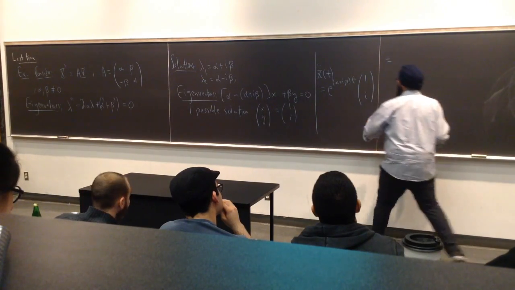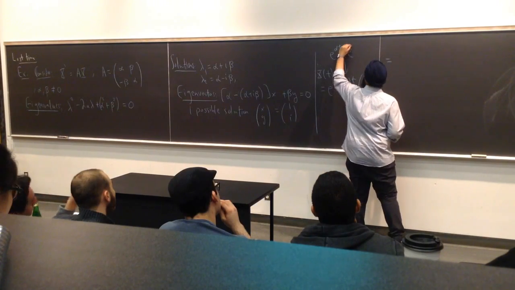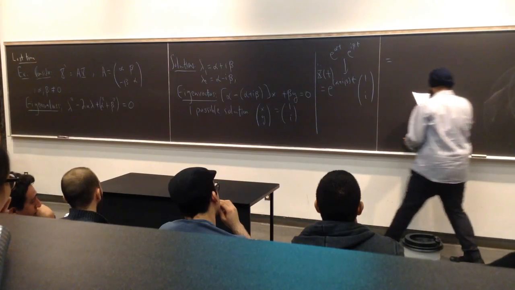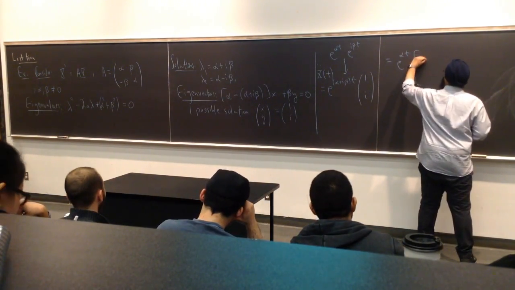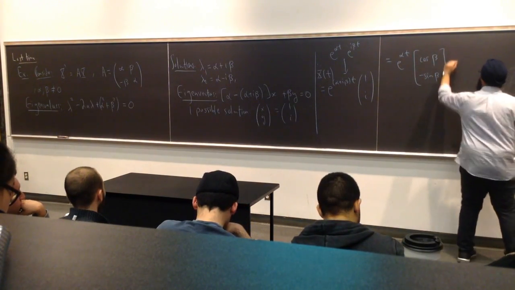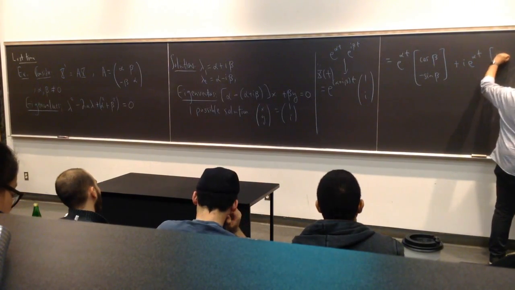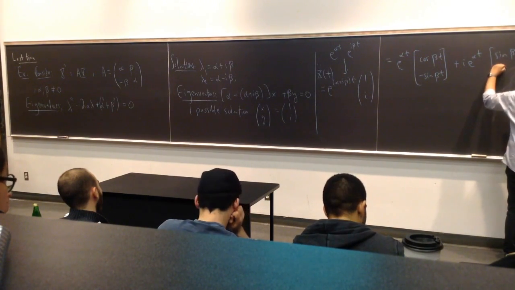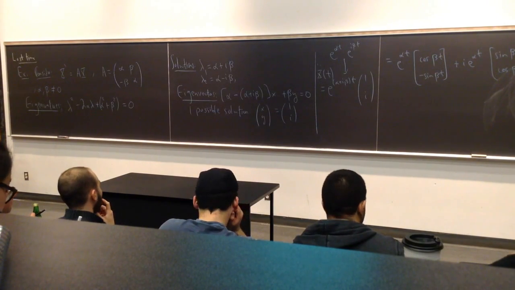Recall that this is just e to the alpha t times e to the i beta t. If I expand that out, this can be written as e to the alpha t, times (cosine beta t, minus sine beta t), plus i e to the alpha t, times (sine beta t, cosine beta t), just by breaking it up and using Euler's equation.